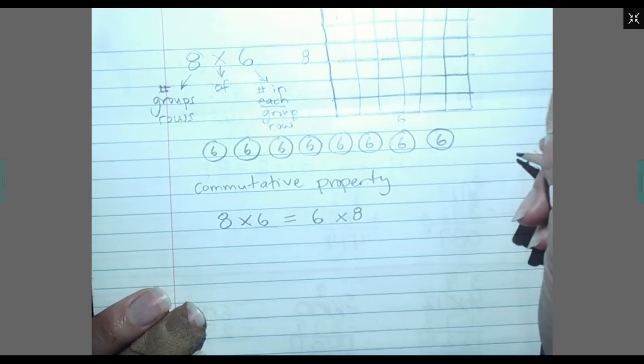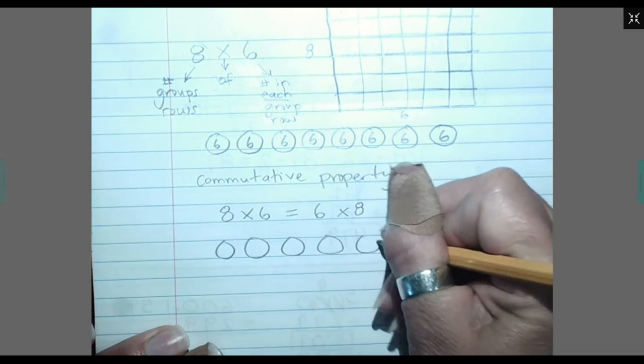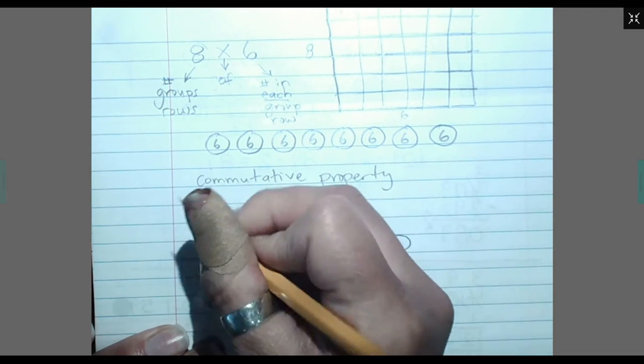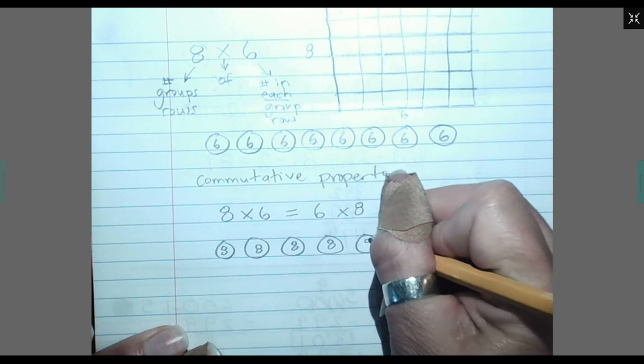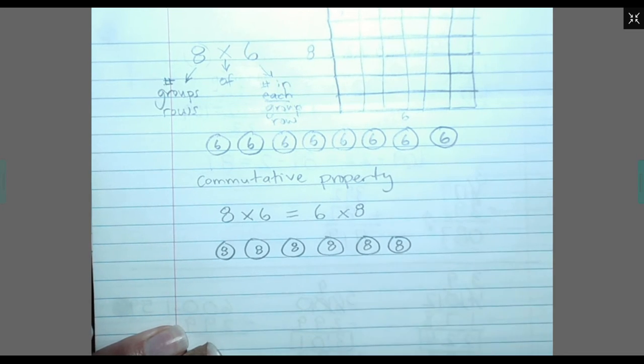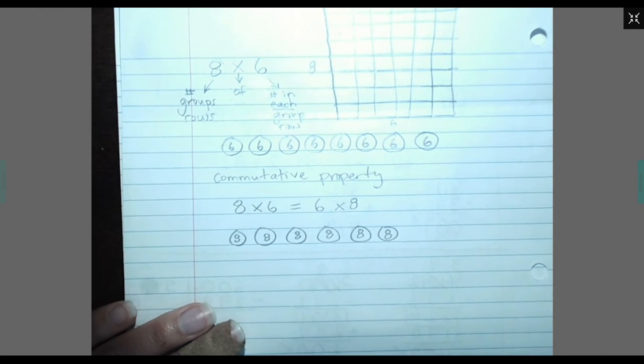So does that mean that instead of 8 groups of 6, I could have 6 groups of 8, and it would get the same product? Yes, it does.